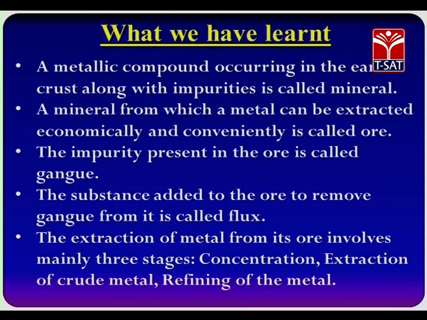And the substances added to the ore to remove gangue from the ore are called flux. The extraction of metal from its ore involves mainly 3 stages we have seen. The first stage we have seen is concentration, and the other 2 stages, extraction of crude metal and refining of the metal, will be studied in the next class.